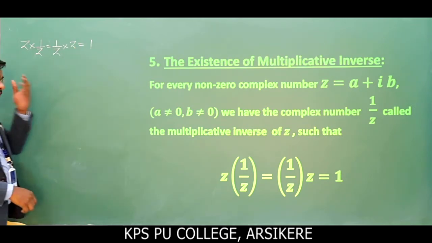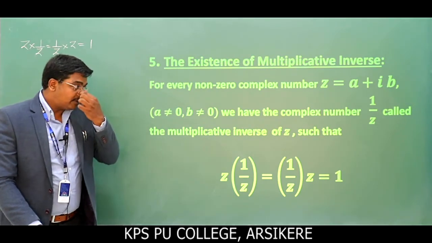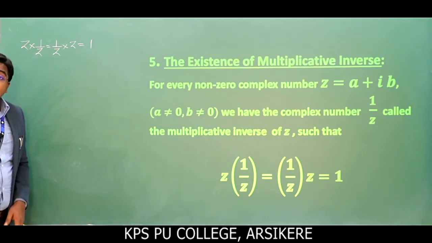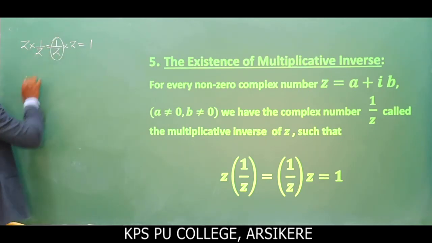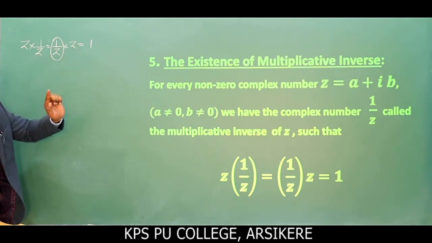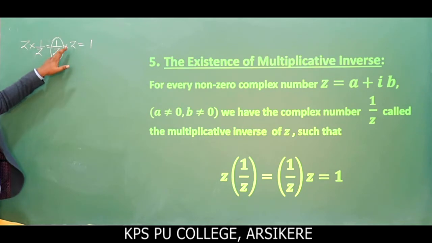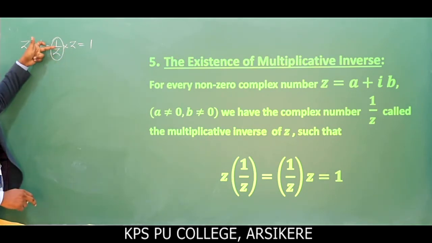So 1 is nothing but, in the previous law, ಅಲ್ಲಿ explain ಮಾಡಿದ್ದೆ ನಿಮಗೆ. 1 is multiplicative identity and here 1 by z ಎಂಬುದು, this is called multiplicative inverse. z is any complex number; it must be non-zero, remember. When z is a non-zero complex number, there exists another number 1 by z.